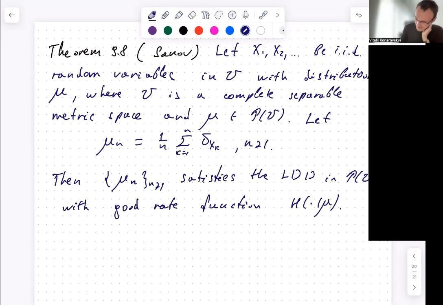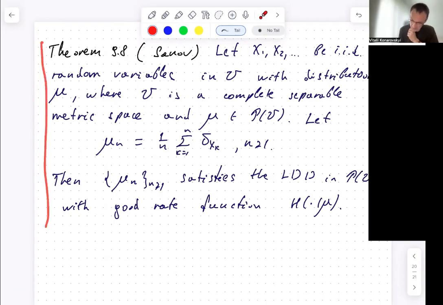Unfortunately, we have no possibility here to discuss the proof of the general result. We discussed the proof in a particular case, and you see how nicely it follows from the contraction principle. Here one needs to work harder to obtain the large deviation principle. But at least I hope that after you saw that particular result, it is not complicated to believe that the result of this theorem is correct.